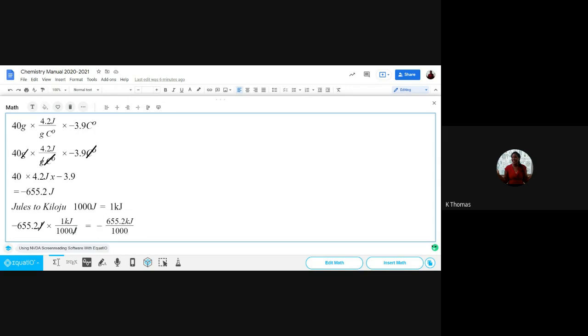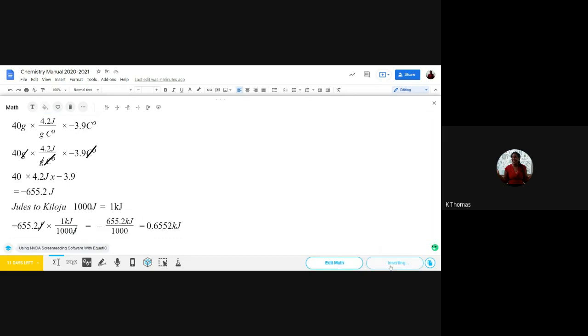Three spaces are going to move to the left. So it is negative 0.6552 kJ.